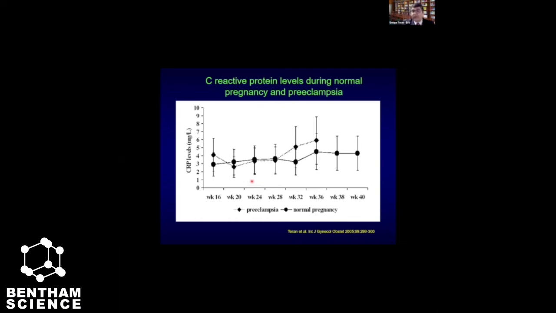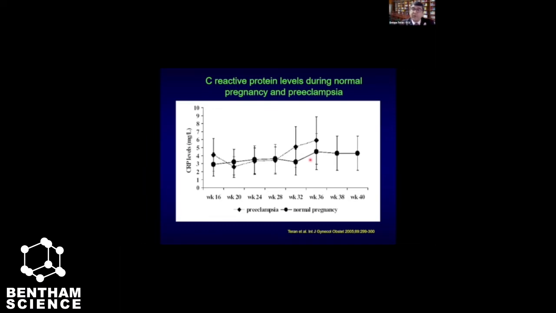What was interesting is that at the beginning of our measurements, week 16, there was no important difference between pregnant women and preeclamptic women. Probably those with preeclampsia had higher levels, but it was not significant. During pregnancy, the levels were almost the same, and it was only at the end of pregnancy that the curves separate.